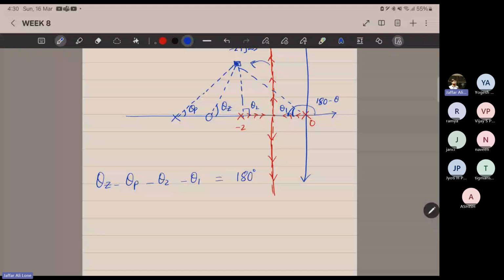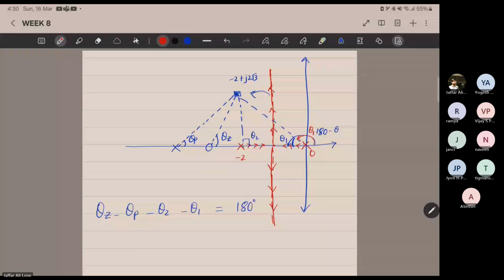So this angle is actually theta 1, right? And theta 1 can be written as 180 minus theta, and this angle is theta. Theta 1 is this angle. So theta 1 is 180 minus theta.